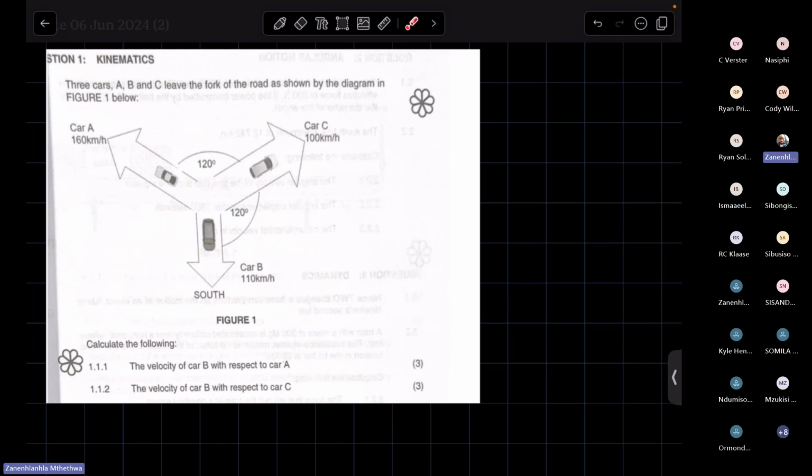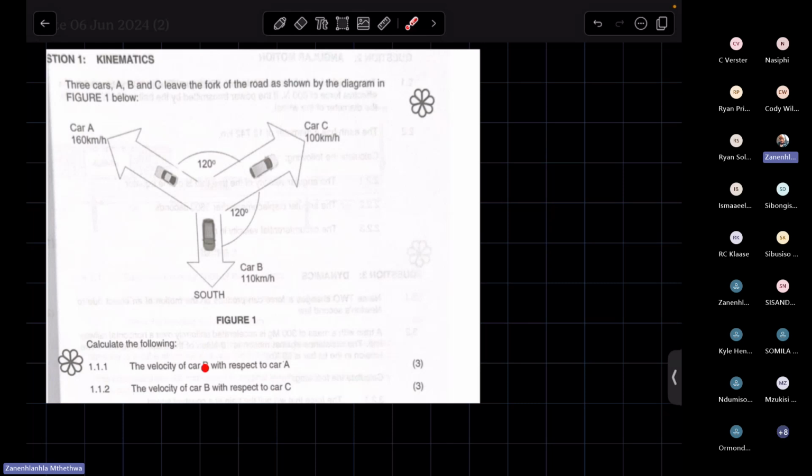This is what I mean by that. B, we've established, is our object. B on the diagram is headed south, so we are going to draw B on the Cartesian plane headed south. Same direction as the one that's been given. Why? Because B is the object. So the object, you draw in the same direction as the one you've been given in the problem.